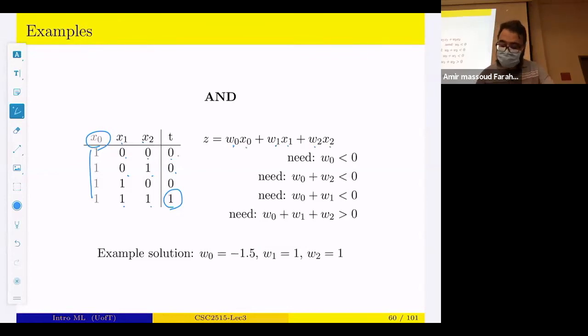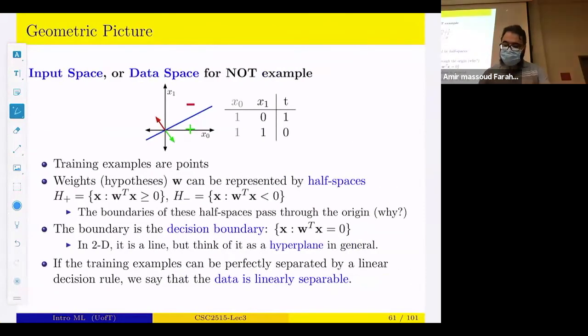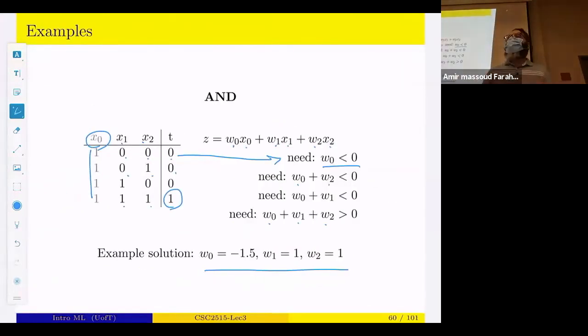Our requirement is that w0 should be negative, w0 plus w2 should be negative, and w0 plus w1 plus w2 should be positive. Again, one possible solution is these values. This was algebraic manipulation, and we got some possible solutions, but we can also have a geometric interpretation too.